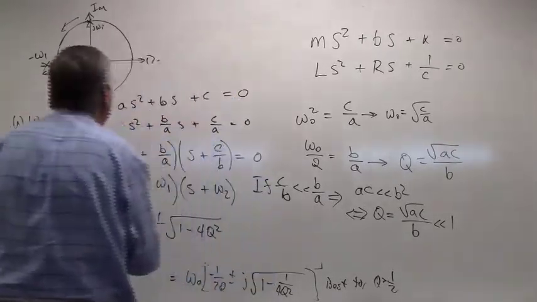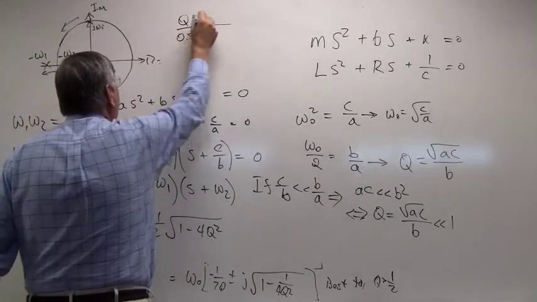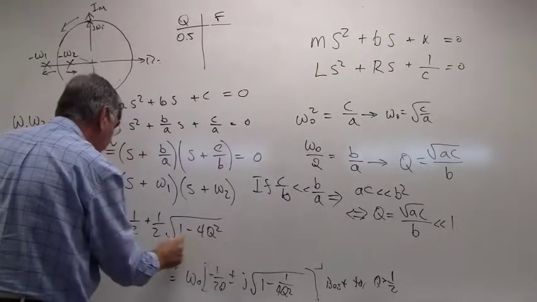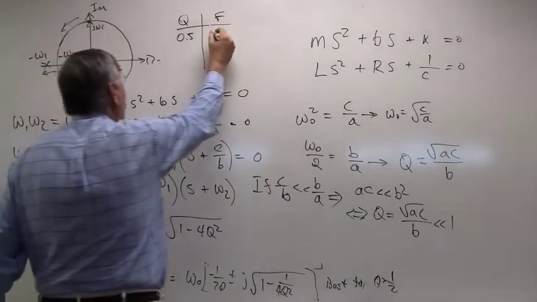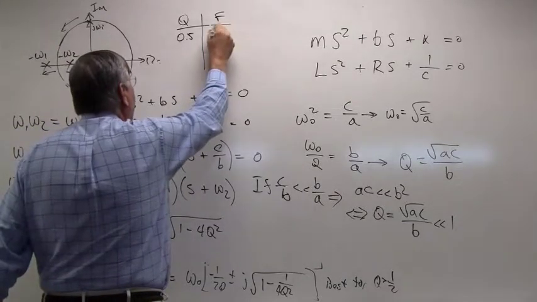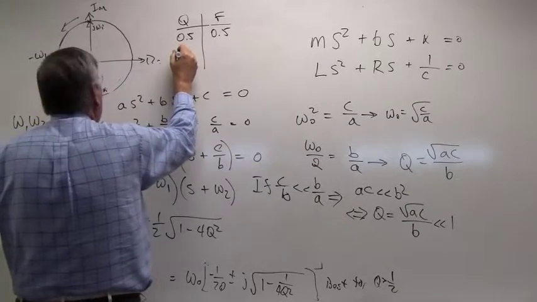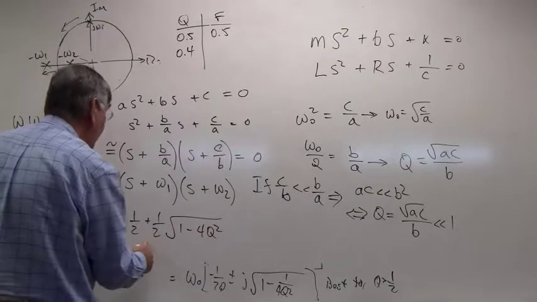I'll make you a little table. If Q is equal to 1/2, that's our worst case scenario, in which case this thing goes away, this thing is equal to 0, and f is equal to 1/2. But if Q is, for example, 0.4, you can easily plug this in, multiply it out.